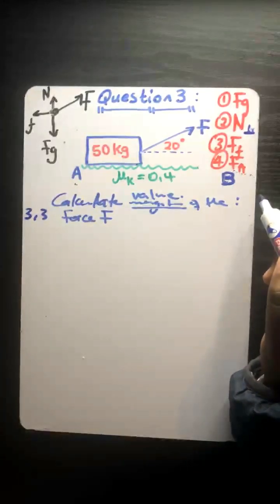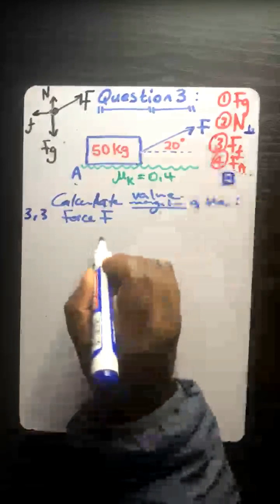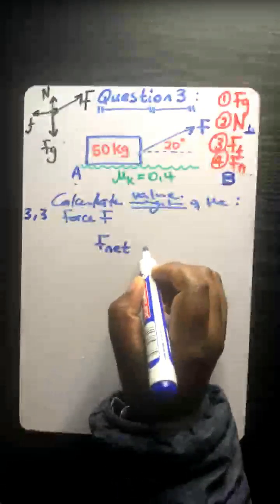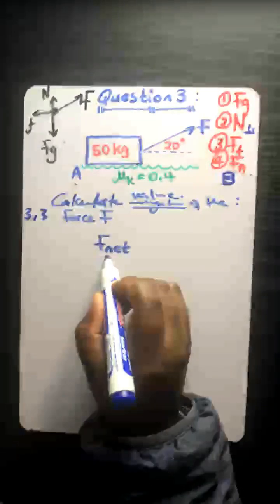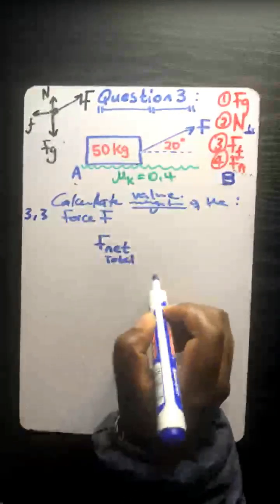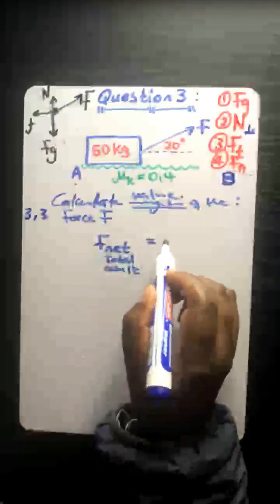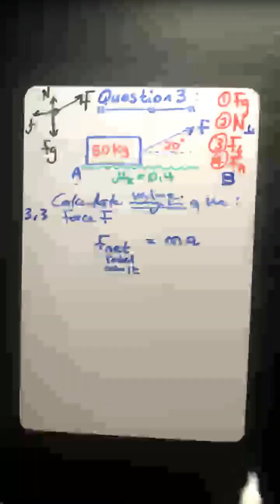And as far as I remember, honorable members, there is this formula which says force net. The word net simply refers to total, or otherwise they can say resultant. And that is equal to ma.